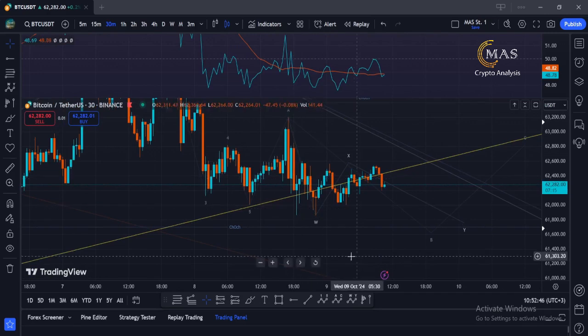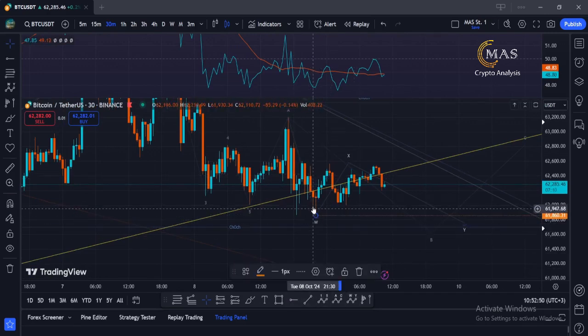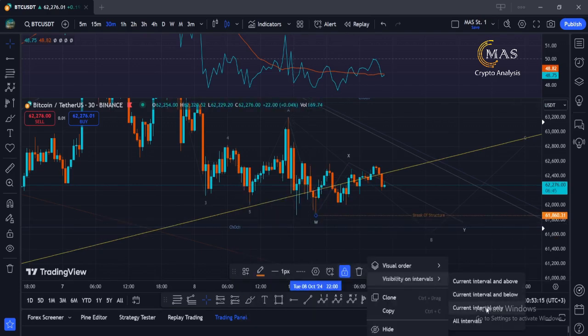I am searching with you here. I have this lower low, and we didn't go for breaking this W, and we didn't go to this highest until now. So I can put this as the BOS here for continuity also.